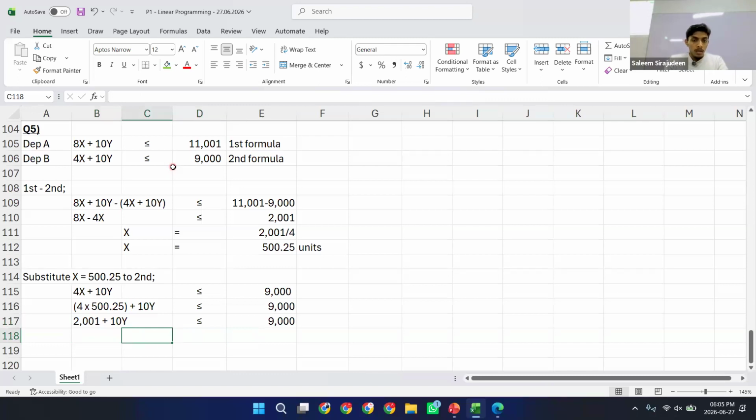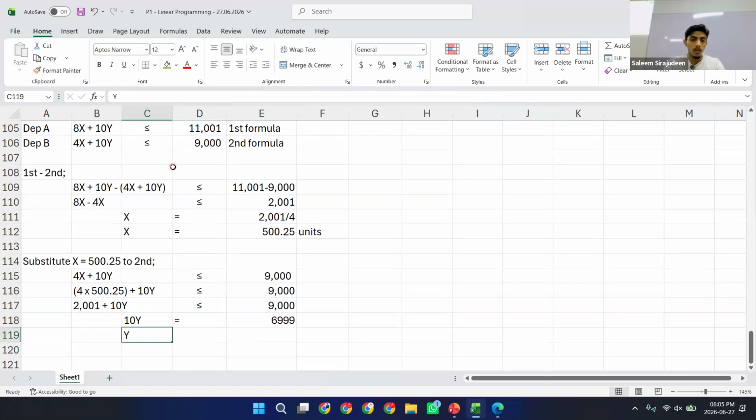Then 10y equals how much? That is 9,000 minus 2001, which is 6,999. Then y equals that divided by 10, which is 699.9 units.